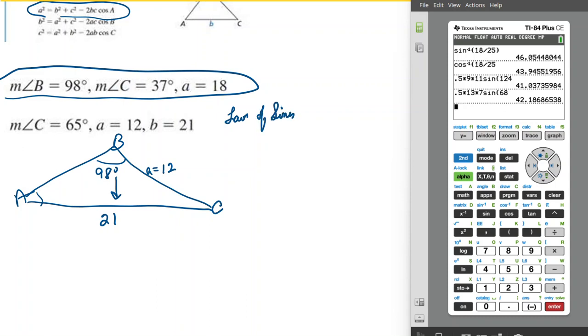And I'm going to state that 21 is to the sine of 98 degrees as 12 is to the sine of angle A. Now, notice I didn't put inverse anything yet because we haven't done the math. So we first have to do the construction of what we're talking about before we do the inverse. So I'm going to cross multiply.